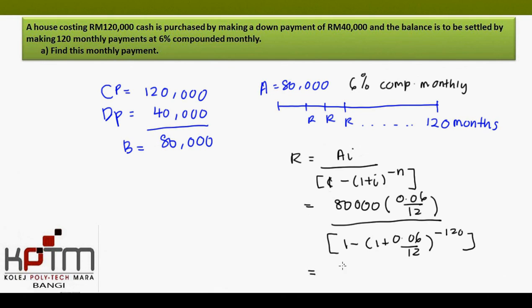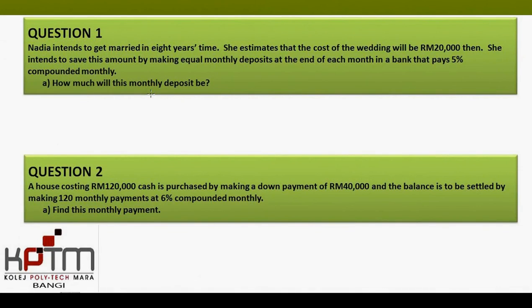Press your calculator and you will get RM 888.16. What does it mean? It means that we need to pay 888 ringgit and 16 cents, 120 times, to pay the loan. Okay, we have already solved the questions, and now you know how to choose the correct formula to get the periodic payment, which is R.